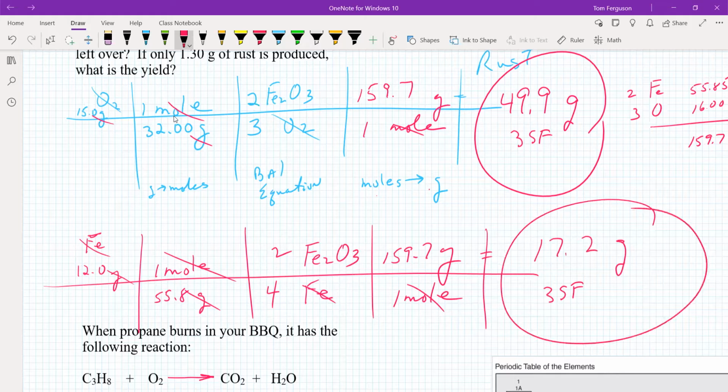Okay, so the iron is definitely the limiting reagent because it's smaller than the oxygen one, okay? So we've determined now that the iron is the limiting reactant. It limits the amount of rust we can make. Does everyone see that? That means we have excess oxygen left over.